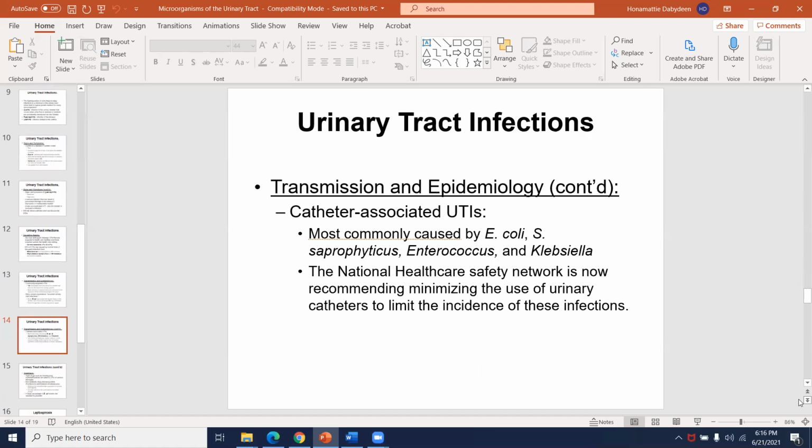Now, catheter-associated urinary tract infection is a very common way of acquiring the organism. In a clinical setting, many times patients go into the hospital maybe for surgery or for some other problems.